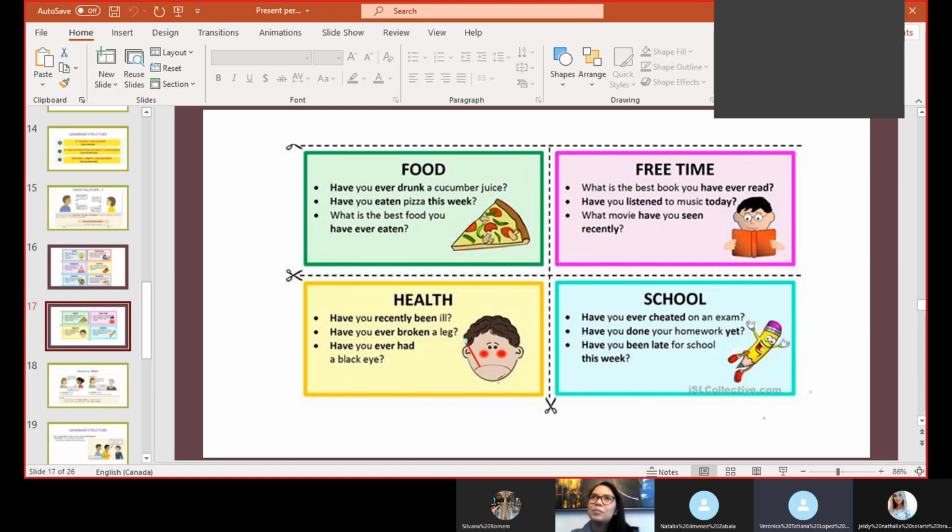I haven't eaten pizza this week, but I had pizza the week before. We had Hawaiian and pepperoni. It was good. It was pretty decent and very cheap, I would say.